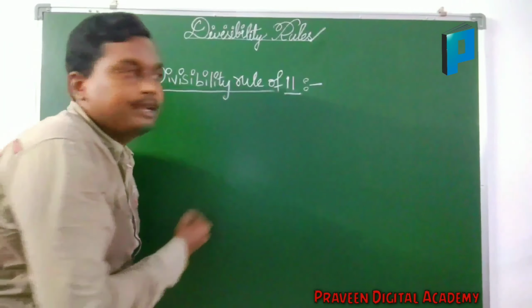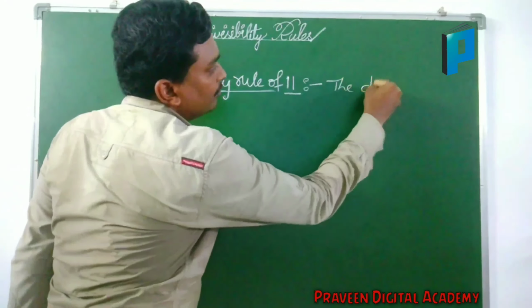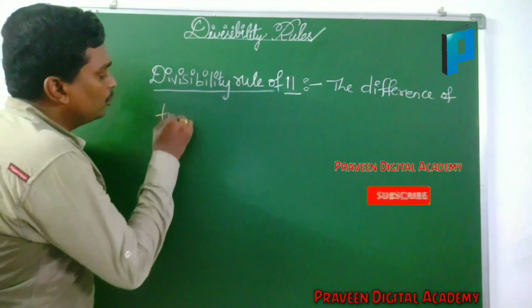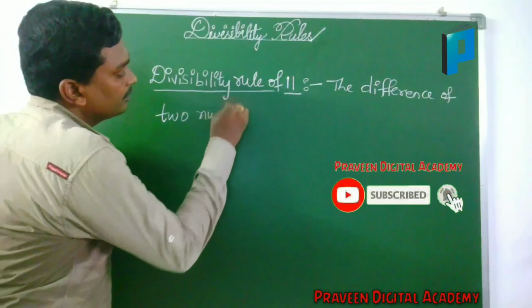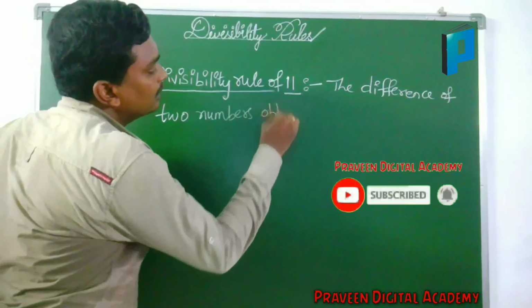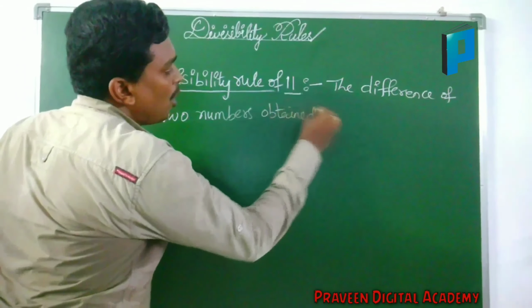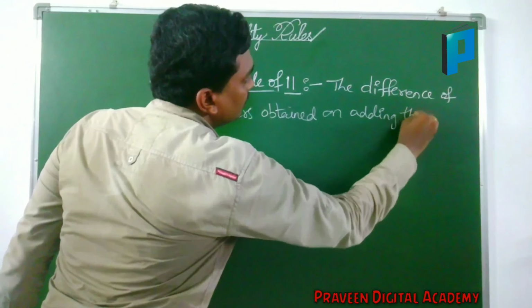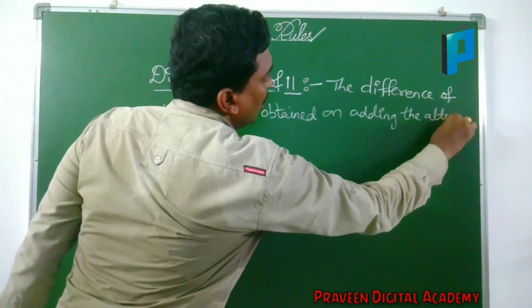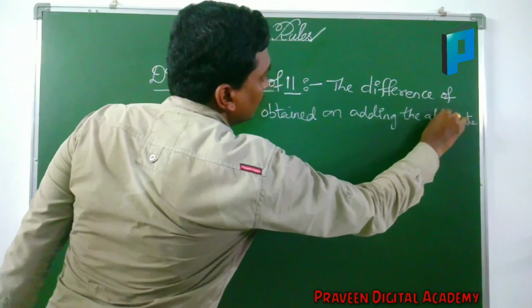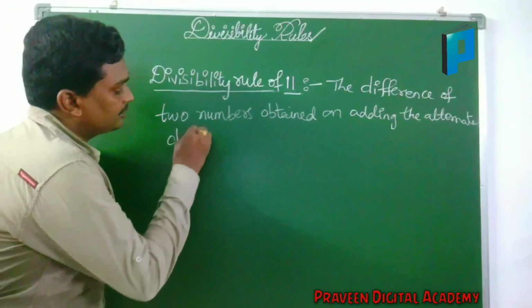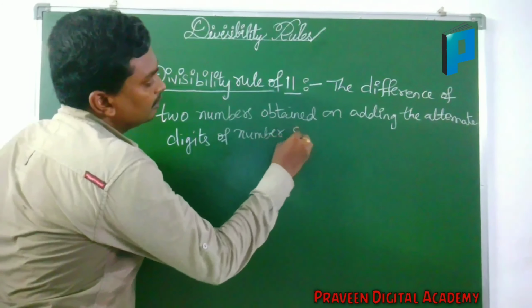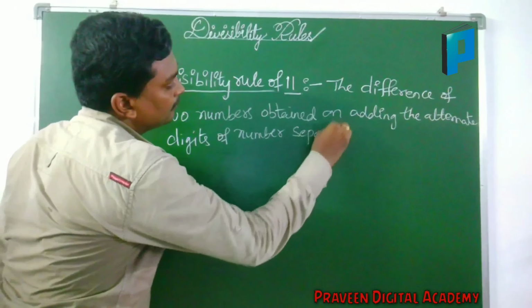Divisibility rule of 11. The difference of two numbers obtained on adding the alternate digits of a number separately.